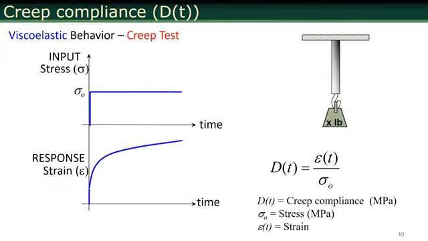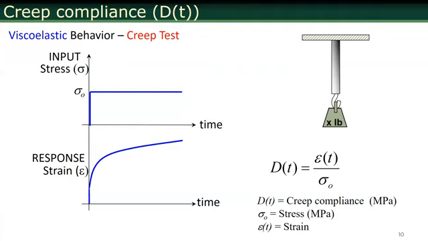When we do a stress control test where we apply a load level, just like we apply a certain weight to a material like this, we have a constant weight. If this is a viscoelastic material, the strain response will be a creep response. It will be creeping because of this load. And creep compliance is called D of T. D of T is essentially E of T, this curve, divided by this constant stress. So the shape looks identical to this, normalized by the stress level that is applied. That is called creep compliance.